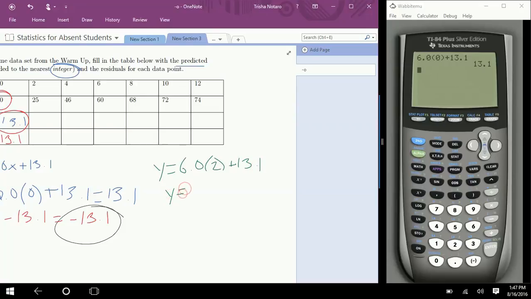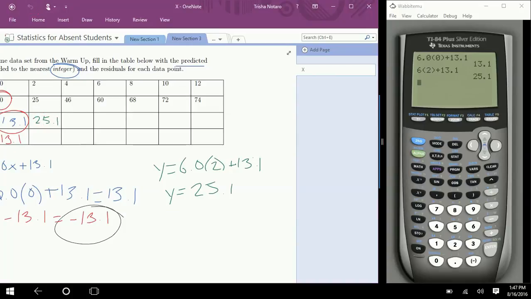So y, our predicted value, equals 6 times 2, which you should all know is 12, and 12 plus 13.1 is going to give me, make sure you put the dot, 25.1. So I'm going to put that in here, 25.1.